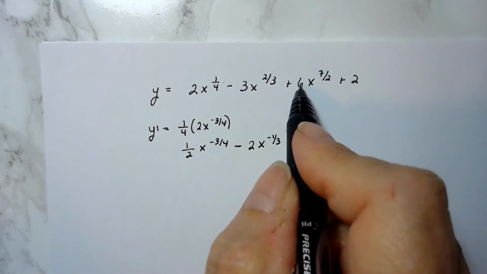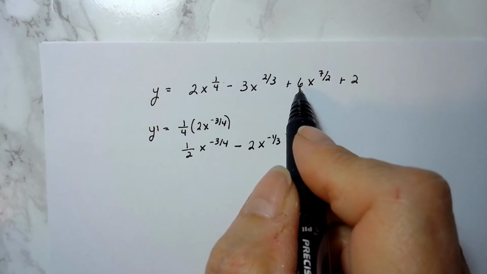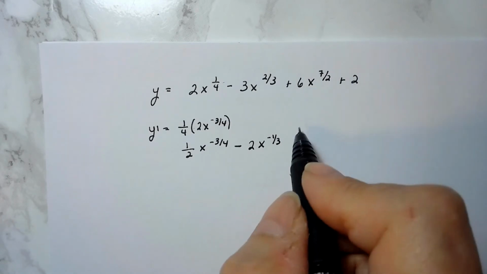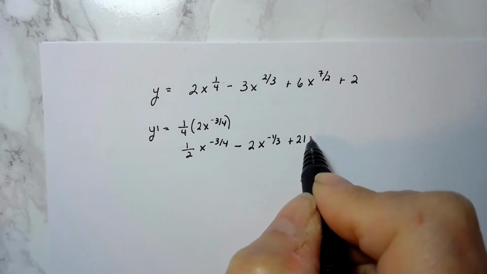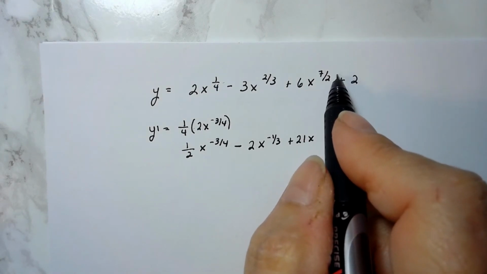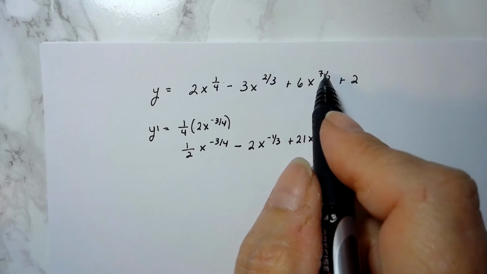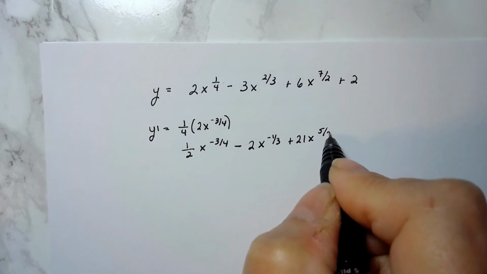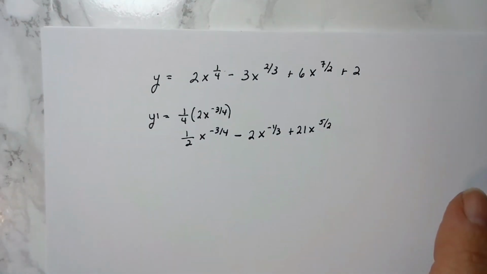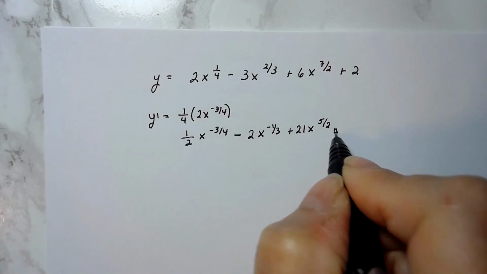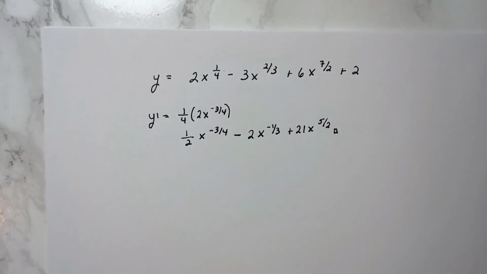Here I'm going to bring the 7/2 down times 6. Well, 7/2 times 6 is 21. So it's plus 21x to the 7/2 minus 1, which is 5/2. And the derivative of 2 is 0. So that would be the derivative right there.